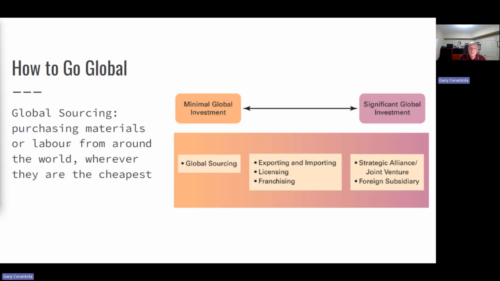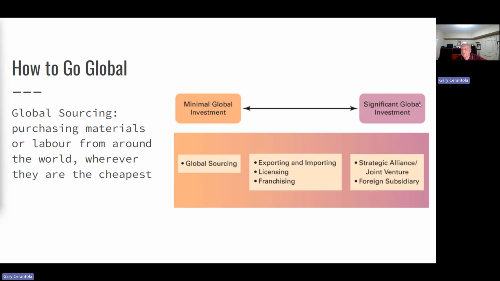Some organizations will go global just so that they can source raw materials or pieces from around the world that are the highest quality or the cheapest. That could be one place where you could start, but you're always looking at a continuum, a range from minimal global investment to significant global investment.